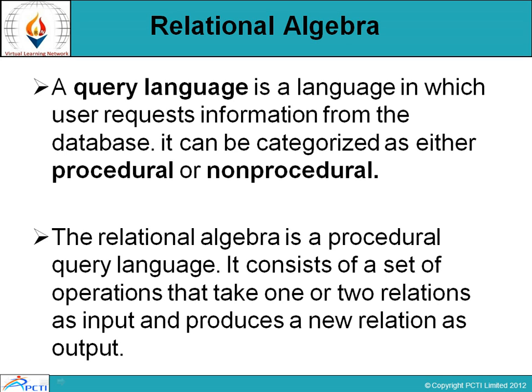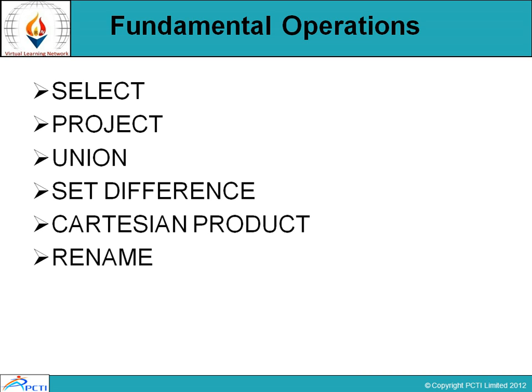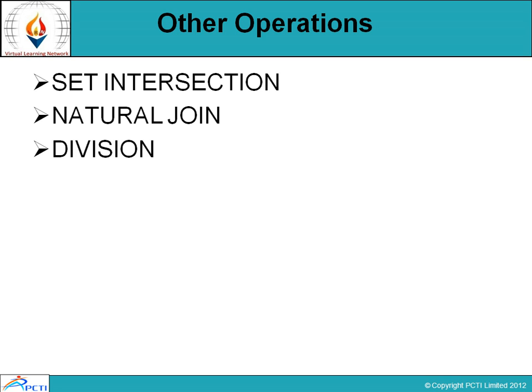It consists of a set of operations that take one or two relations as input and produce a new relation as output. Now we will apply these queries to extract the data from the table. We use select, project, union, set difference, Cartesian product, rename, and there are some other operations: set intersection, natural join, division.